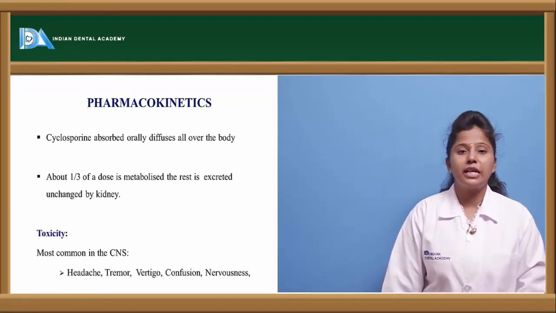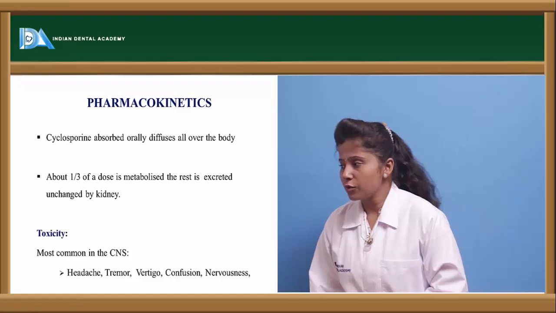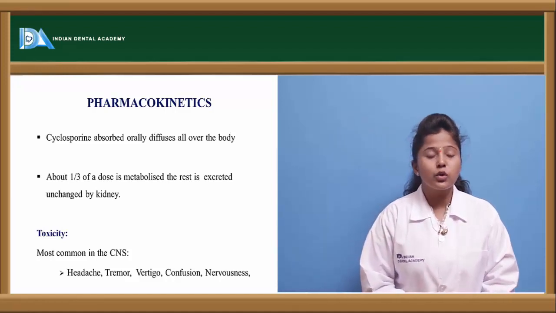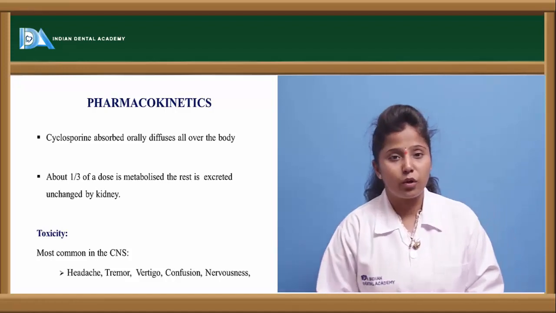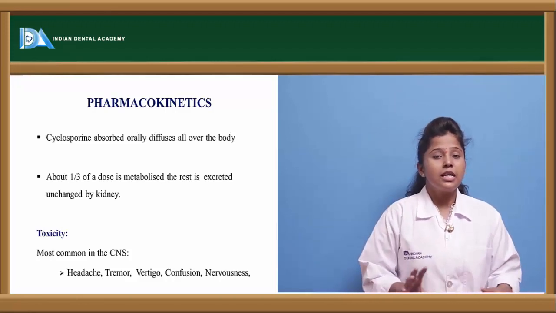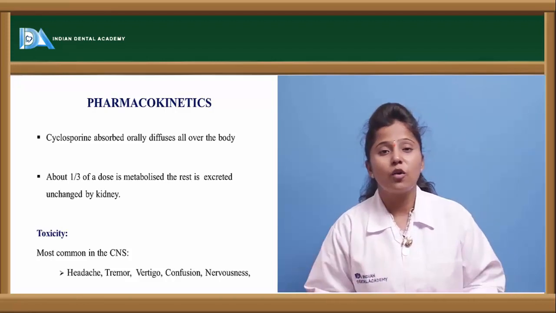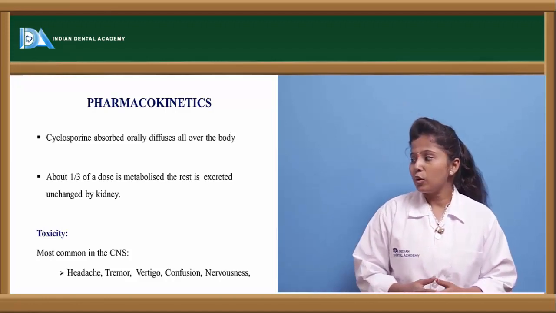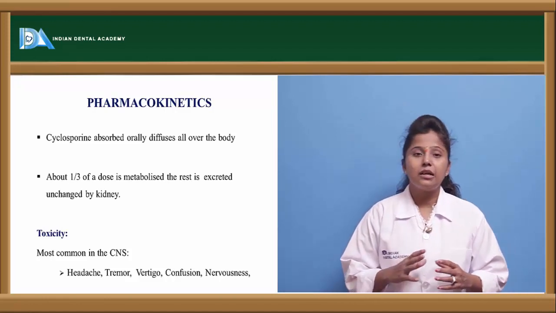Let us see the pharmacokinetics of cycloserine. Cycloserine is majorly given through the oral route, and it is spread all over the body. The diffusing capacity of cycloserine is high, and that is the reason it is distributed all over the body. About 1/3 of the dose is metabolized in the liver.